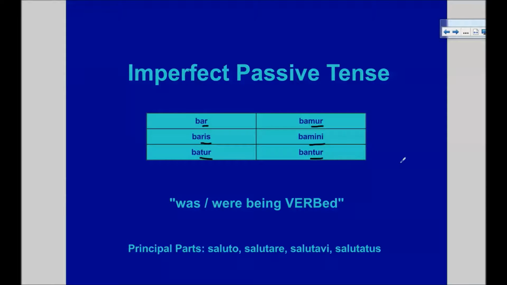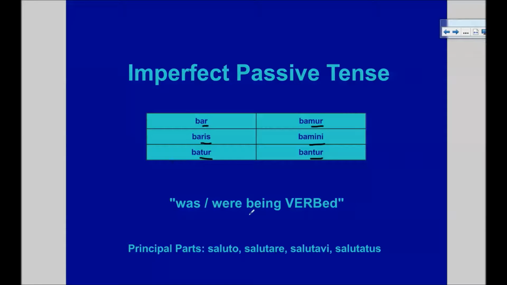Those are all of your present passive tense endings, which we just talked about. With the imperfect, all we're going to do is put a -ba- in front of it. So it's pretty similar to the imperfect active in that the -ba- is going to help you identify it as the imperfect tense. Now, it's going to be translated "was" or "were being verbed."